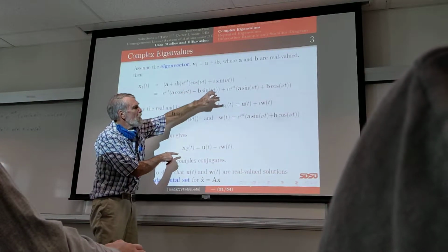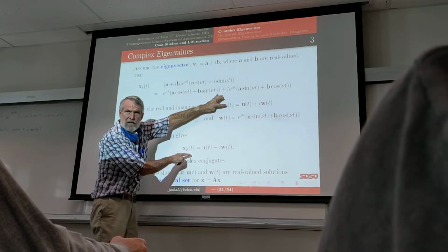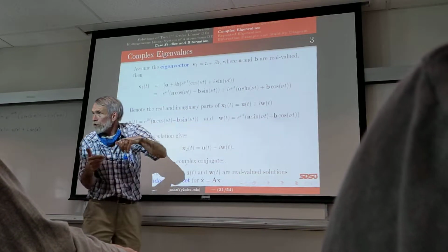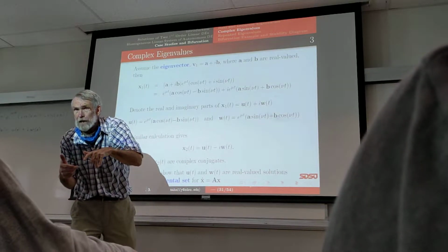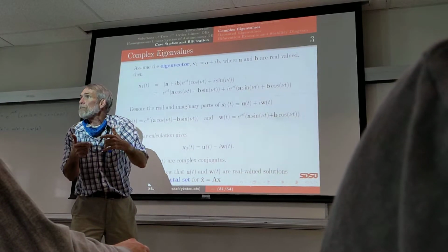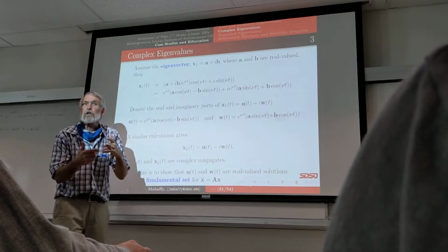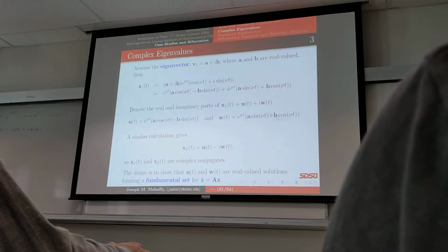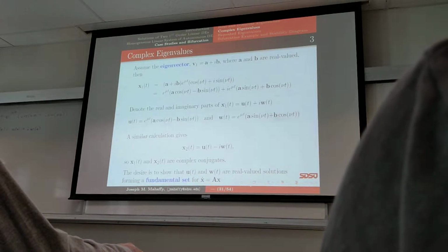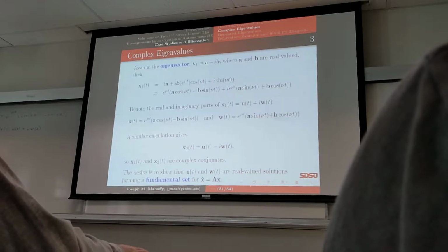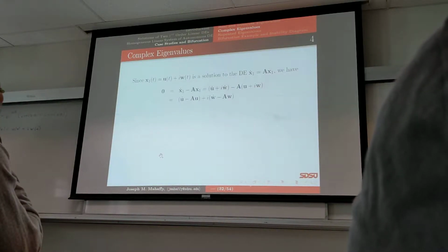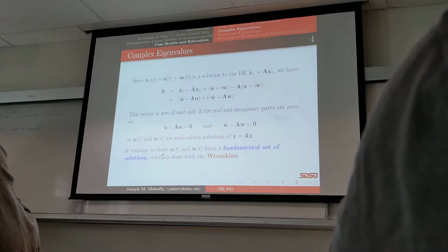If I take this minus this and divide by 2i, that is another linear combination, a complex one, and you're just going to get w. So by taking linear combinations of these two complex solutions, I can get my two real solutions by doing the right linear combination. Okay, all right, so all this stuff is what I just got through doing.